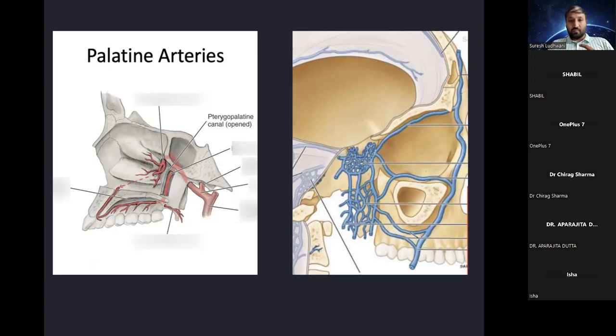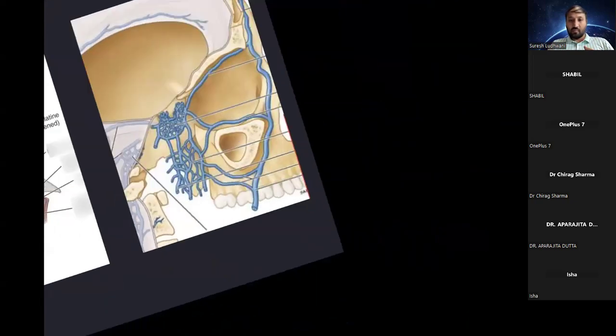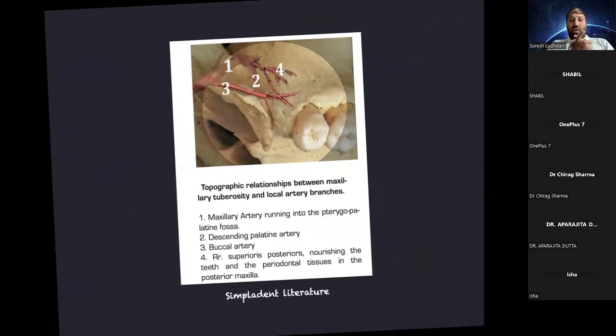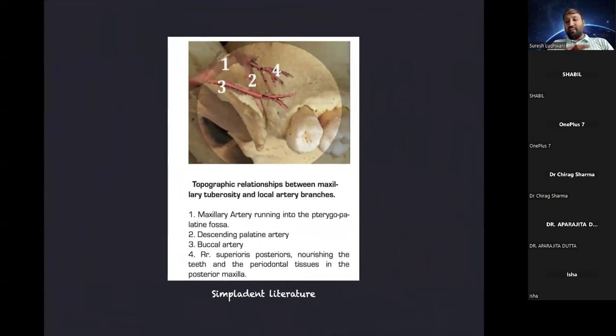Now, in simpler terms than the literature, I found that there are certain arteries running on the tuberosity and the buccal part of it. But there was little literature in support that this will lead to any kind of emergency or complication.